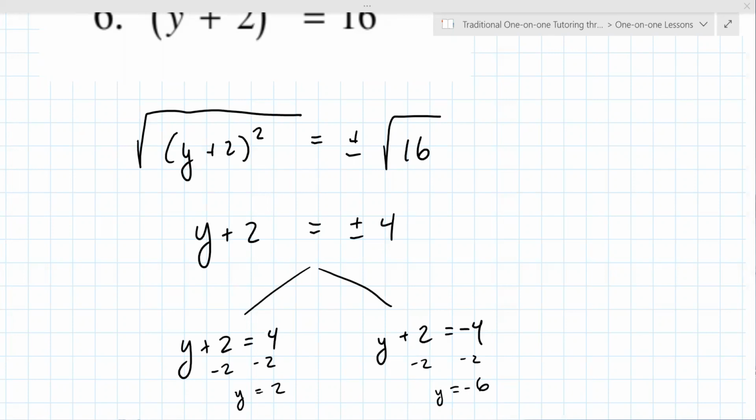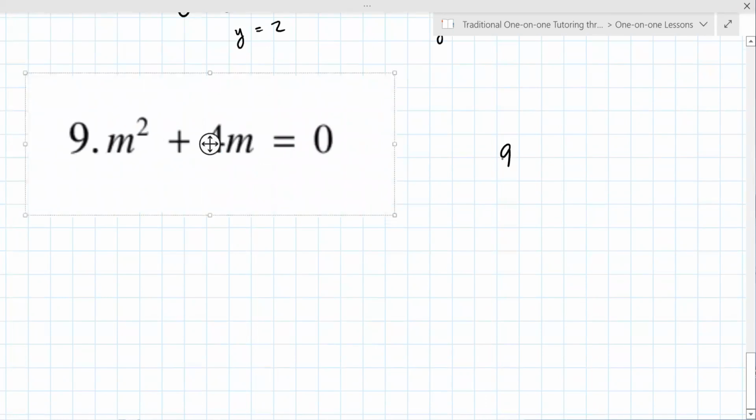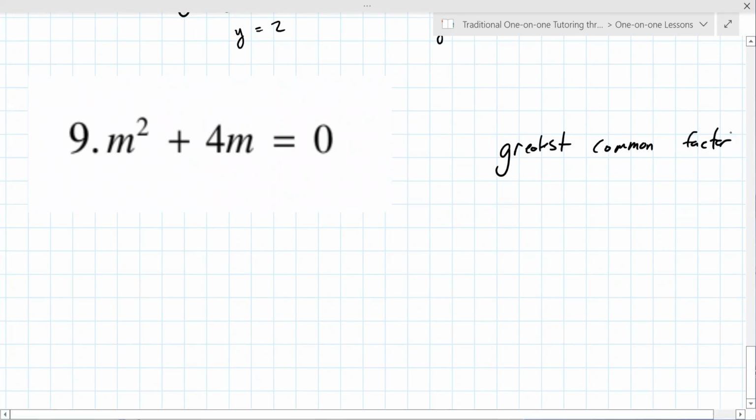All right, so we're going to start. So the next grouping is 7, 8, 9. We're actually going to start with 9, believe it or not. So the very first type of factoring that you should learn is greatest common factor. And if you haven't been told this, you look for greatest common factor if there is both a number and a letter that goes into both terms.